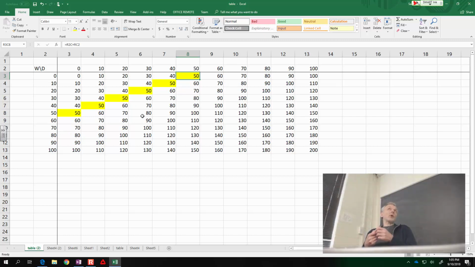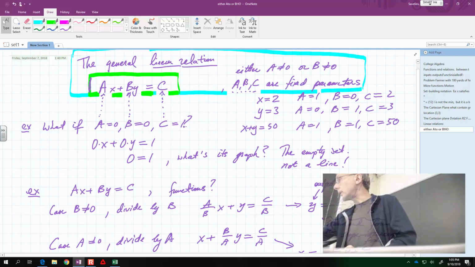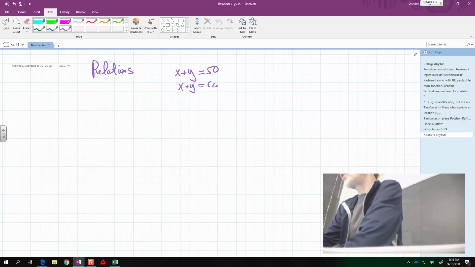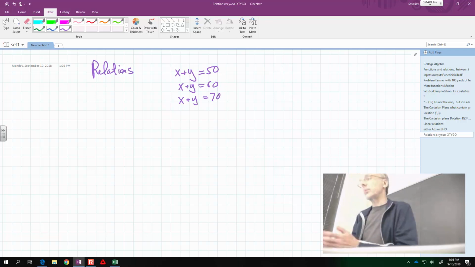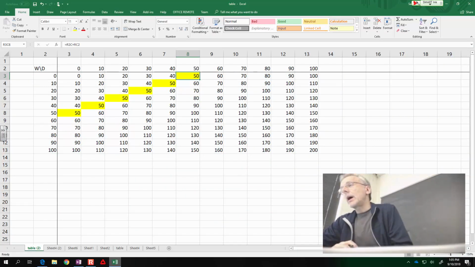In other words, we simultaneously see a bunch of relations on this picture: x plus y is equal to 50, but then also x plus y is equal to 60, and x plus y is equal to 70. All of these are separate, different relations naturally, but you can see them on the same xy plane.